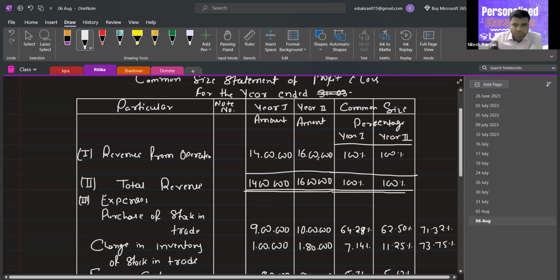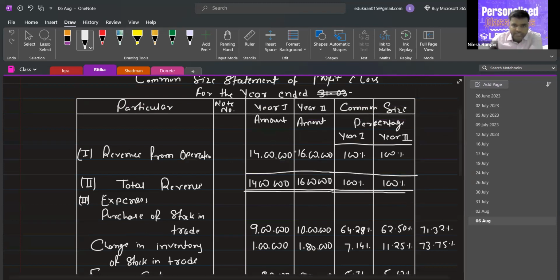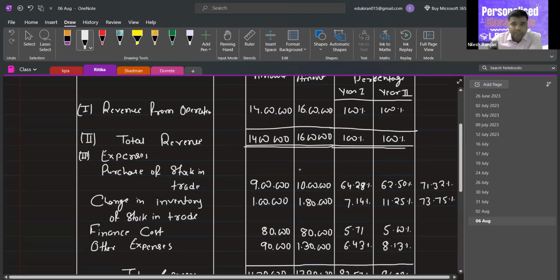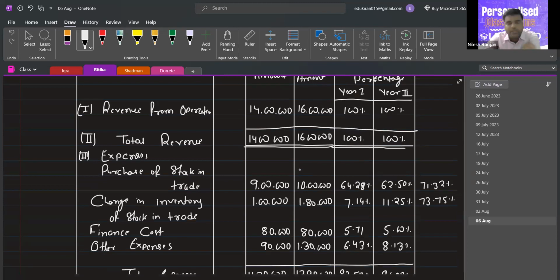Actually, our sale is also increasing. In first year sale is 14 lakh, in second year sale is 16 lakh. But the percentage increase in cost of goods sold is more than the sales. The reason behind this is either the cost of goods that we used in our product or the purchase price cost is increased.